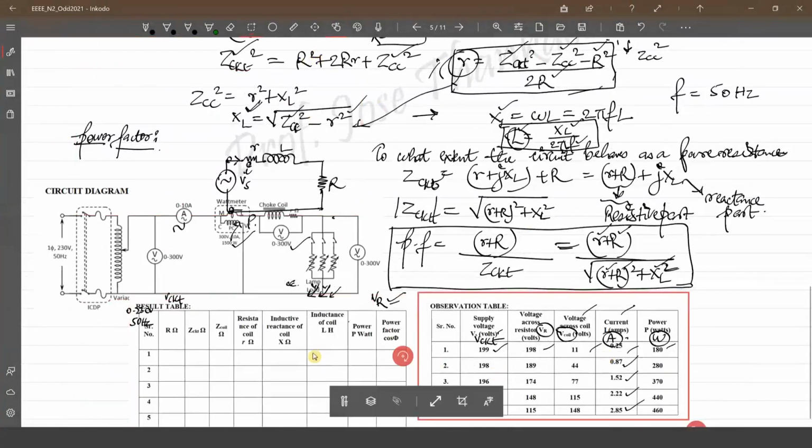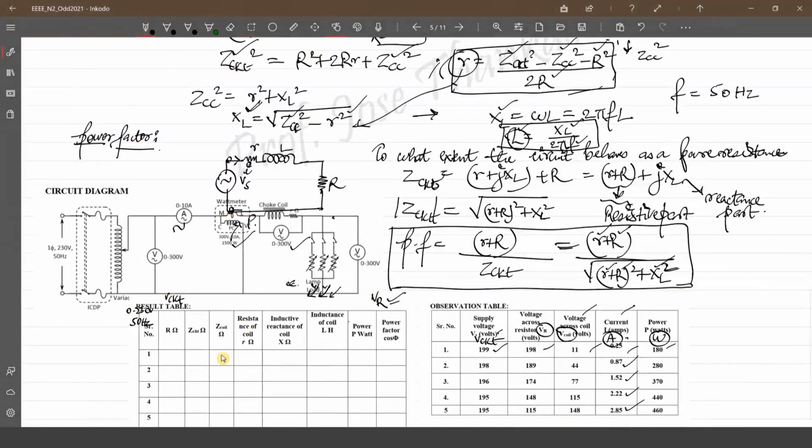So this is the observation table. Based on this, you can fill these values individually. What is capital R? What is Z circuit? What is Z coil? Small r, capital X, L, P, and power factor. So this is the result table.